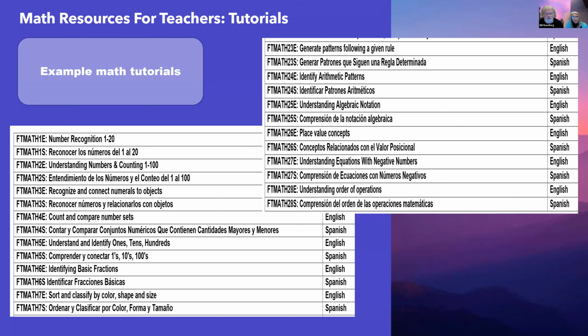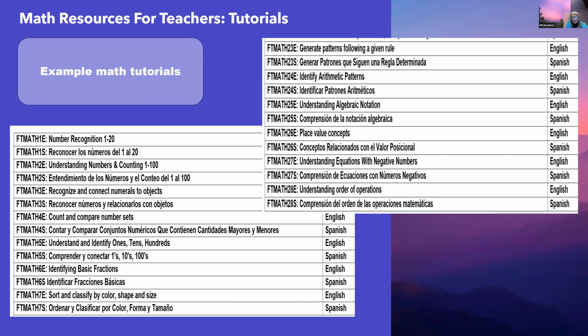And then if you look at the ones dealing with grades 3 to 6, you've got things like generating patterns following a given rule, identifying arithmetic patterns, understanding algebraic notation, and place value concepts. So you've got a wide variety of tutorials that you can assign.